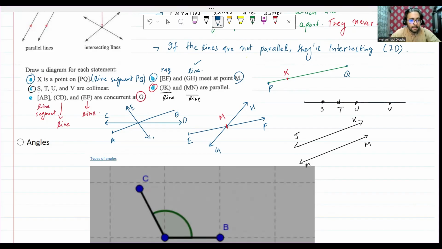The reason that I drew this a certain way is because they are concurrent at point G, and all of them pass through a single point, which is point G. I hope it gives you a better idea.